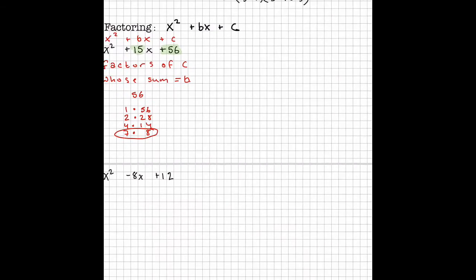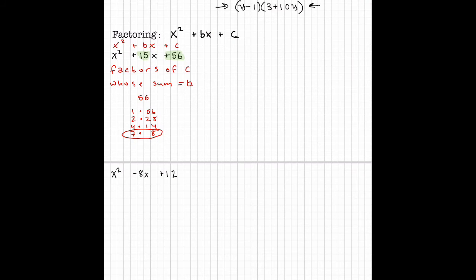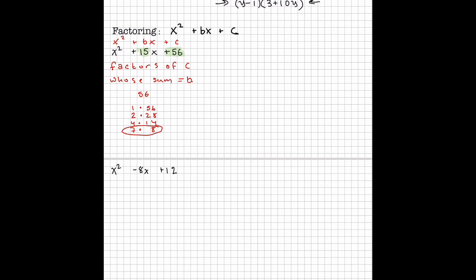So now I found my factors of c whose sum is b. I'm just going to rewrite the problem. x squared plus 15x plus 56.